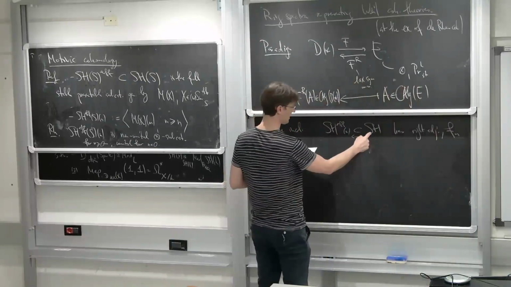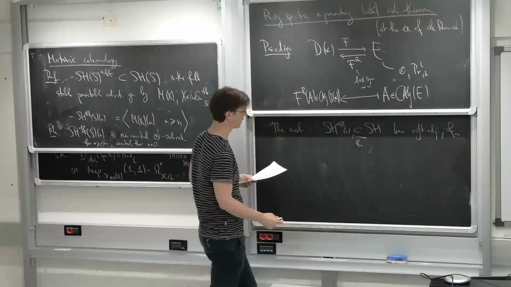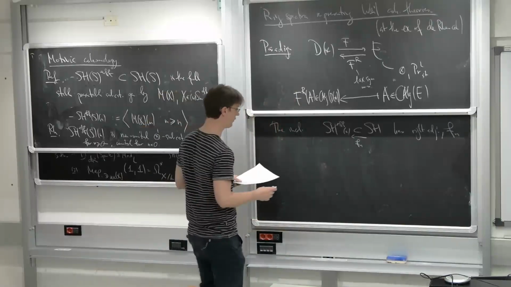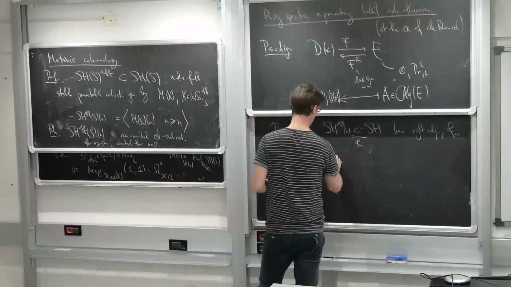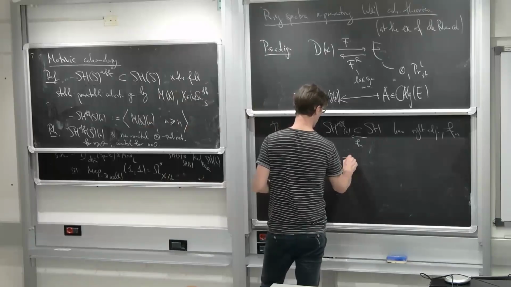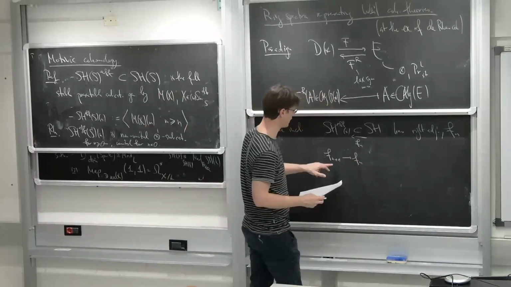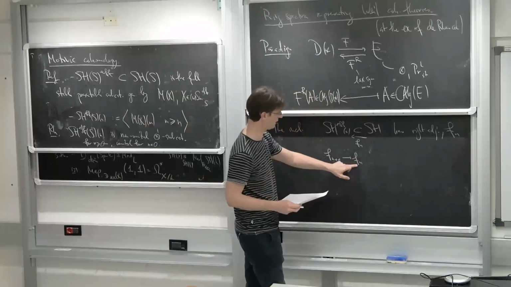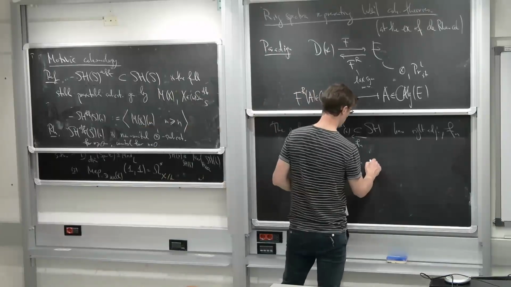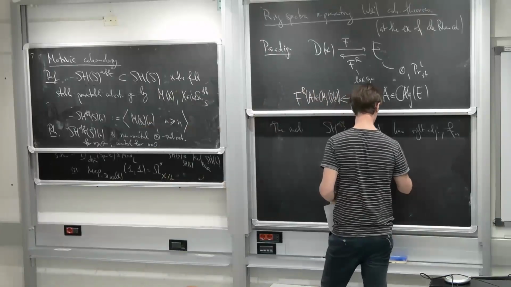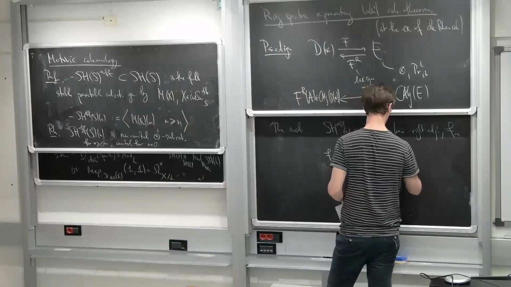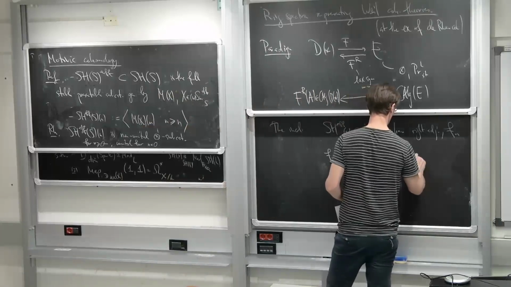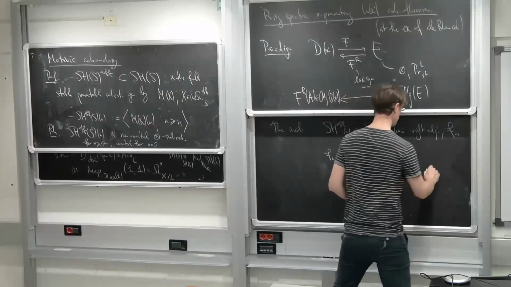It takes any not necessarily effective thing and chops it up to be more or less effective. Then there is f_{n+1} mapping to f_n, where you make it even more effective, and there's a natural map, and the cofiber is called s_n. This is the so-called n-th slice.